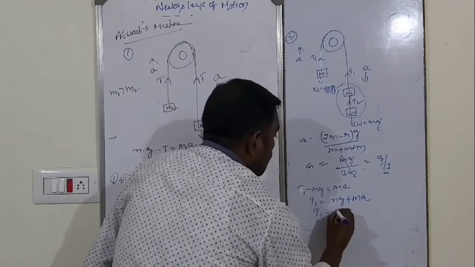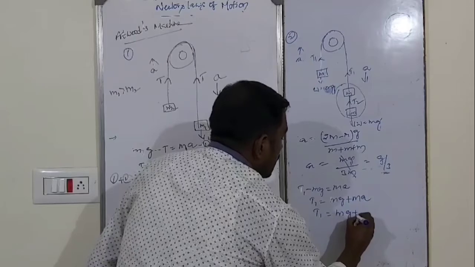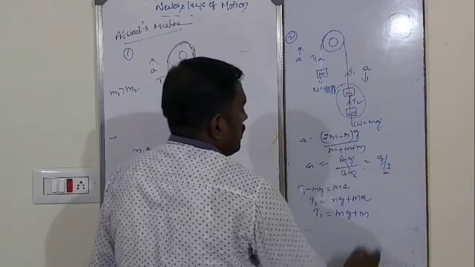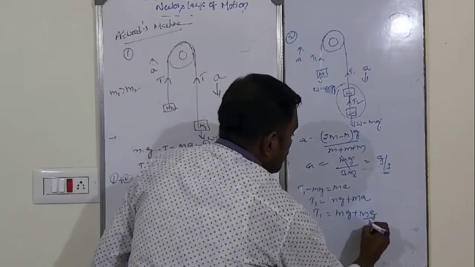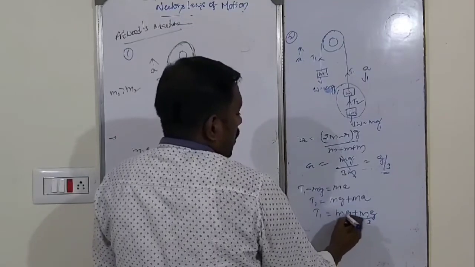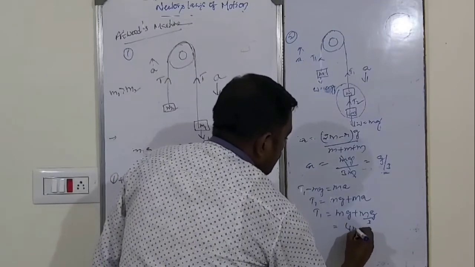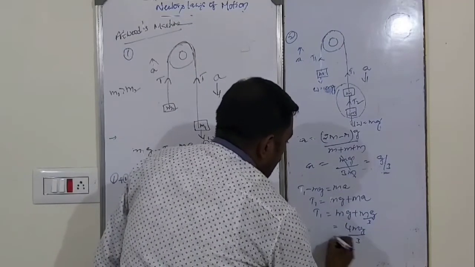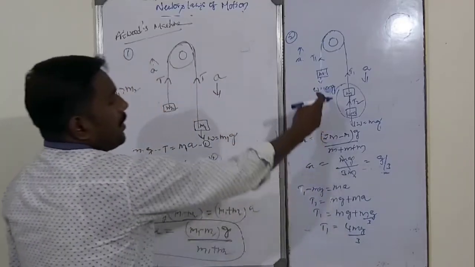So T1 is equal to mg plus m into a, with a value g by 3. So that is 3mg plus mg, 4mg by 3. This is the tension T1 in this case.